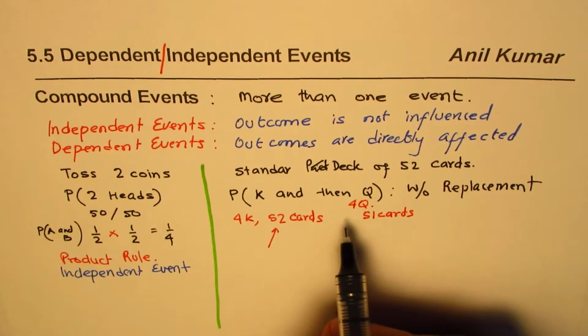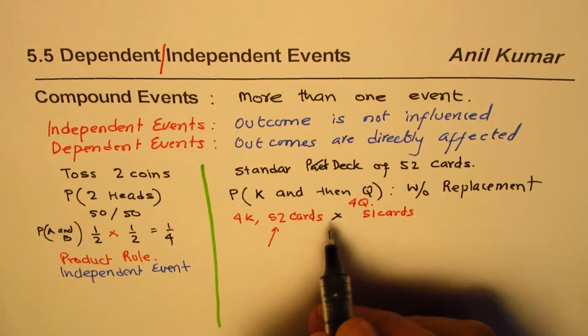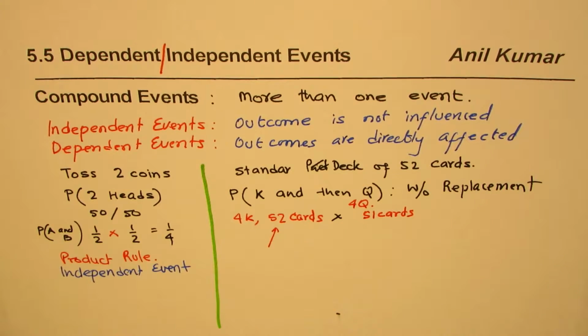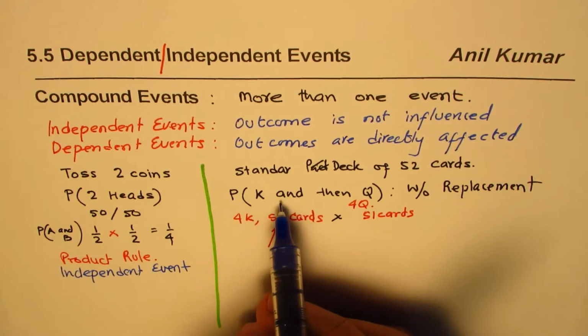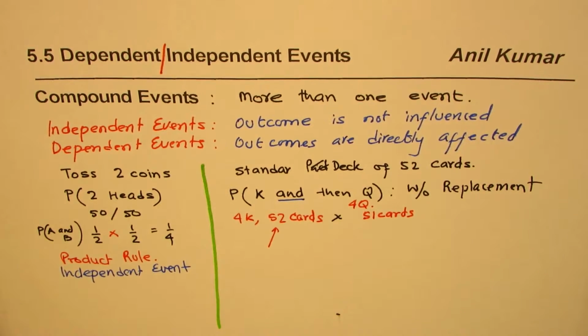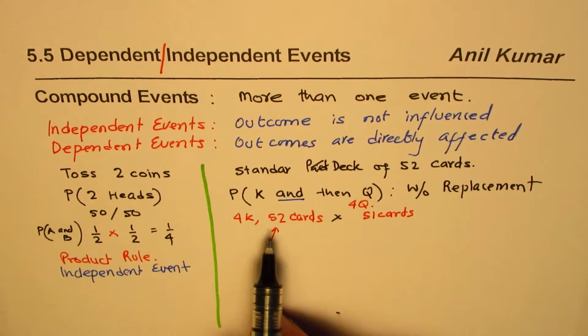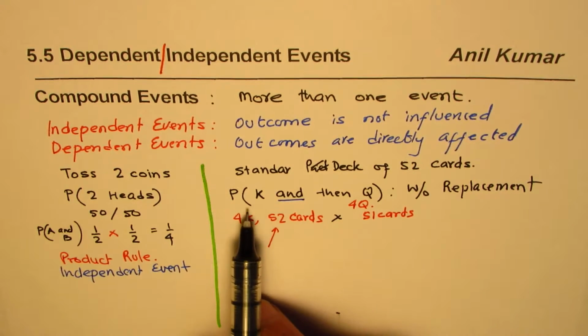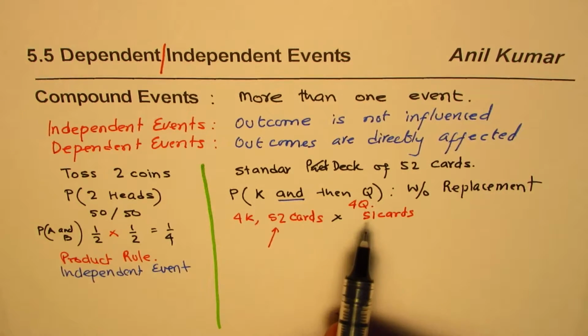But the important thing here is the product rule will be applied since the AND operation is there. Whenever we have such events, dependent or independent, the product rule is applied, right?